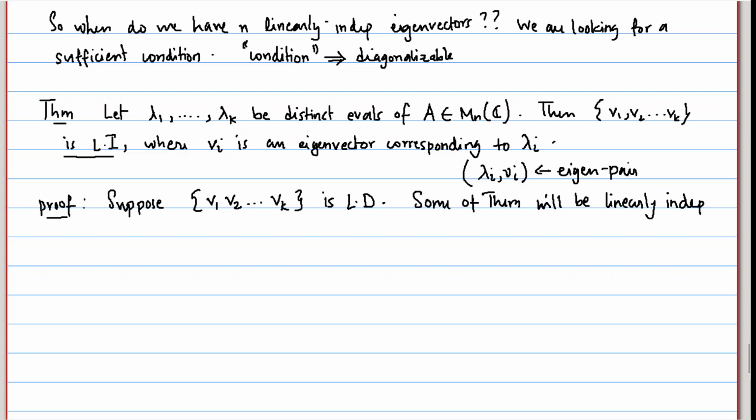Let's call that some of them, say for example V1 up to Vm. Suppose these are linearly independent.